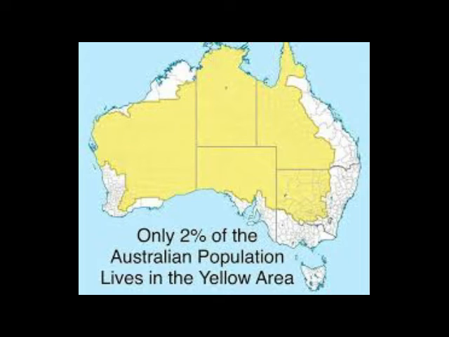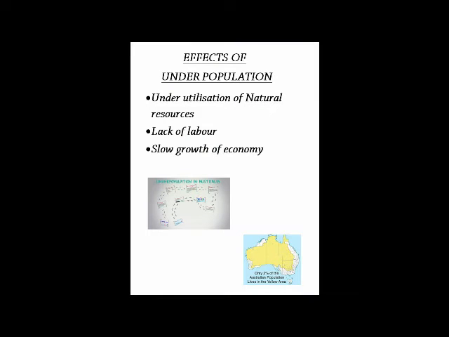Now in the next picture you can see that only 2% of the Australian population lives in the yellow area because of extreme climatic conditions.